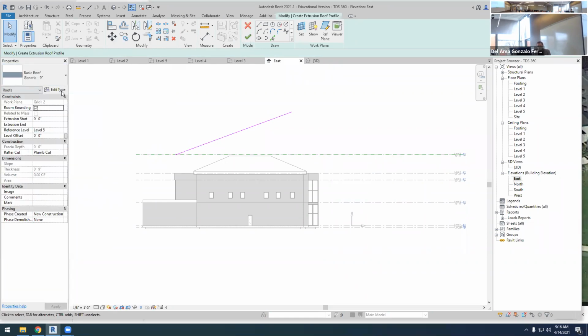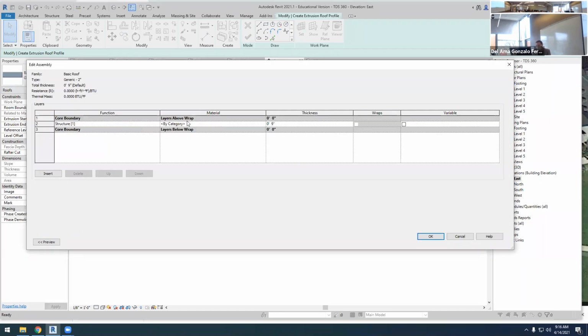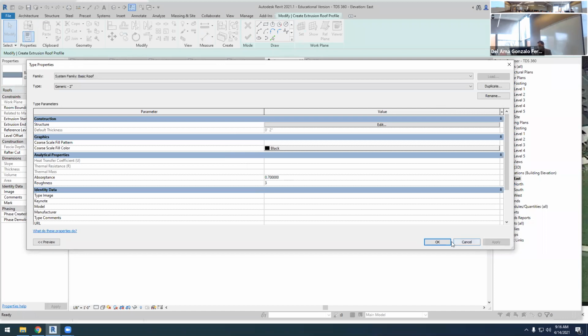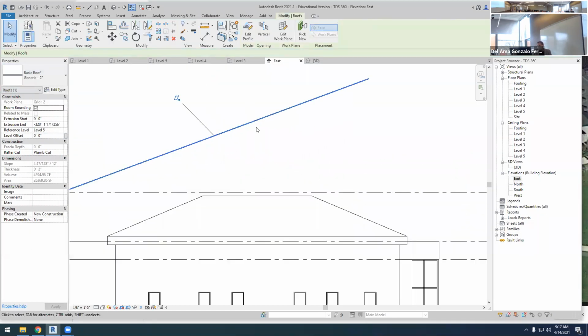Okay, I'm going to select this one, but I'm going to edit type, and duplicate, and create a roof just a 2-inch roof, and the structure will be 2 inches. And now I click finish, and I have a thin roof.